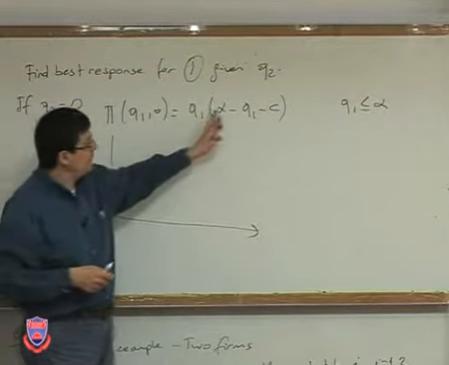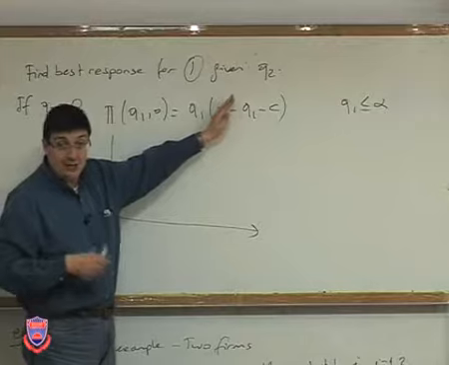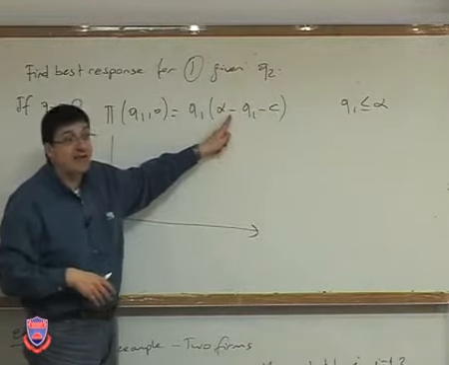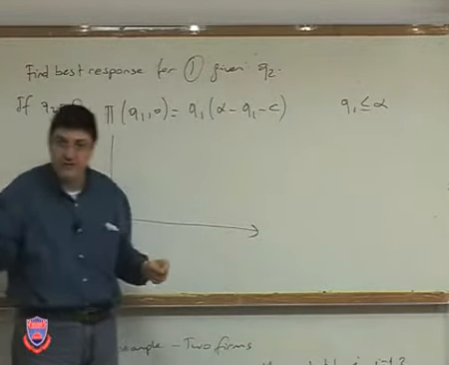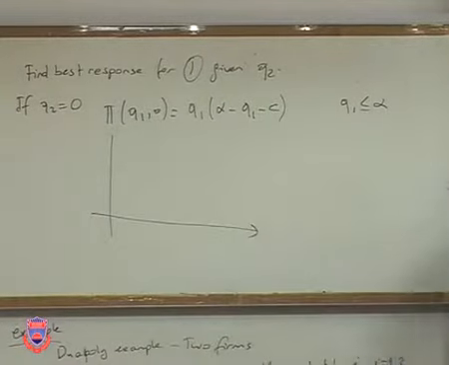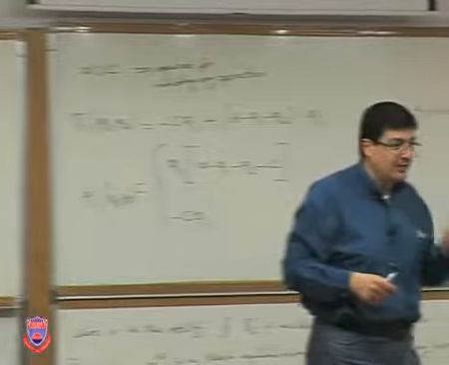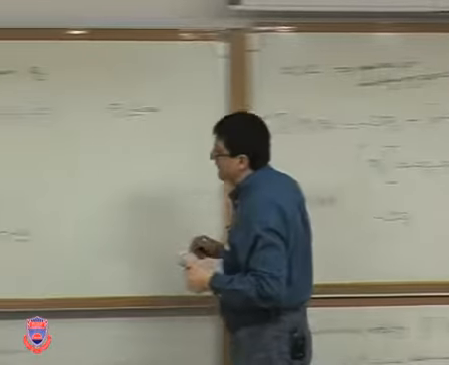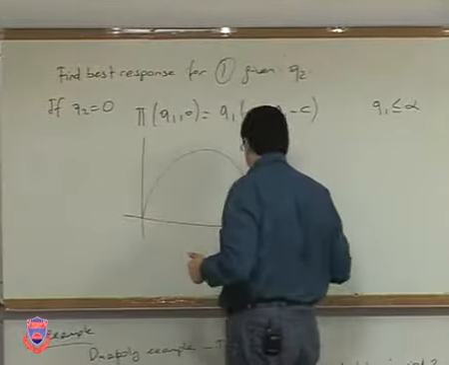Now, usually if we have Q1 squared, it would be a convex function, but we have minus Q1 squared, so it's a concave function. Second degree concave function. How many extreme points do we have in this problem? There is only one extreme point. So the function is something like this.